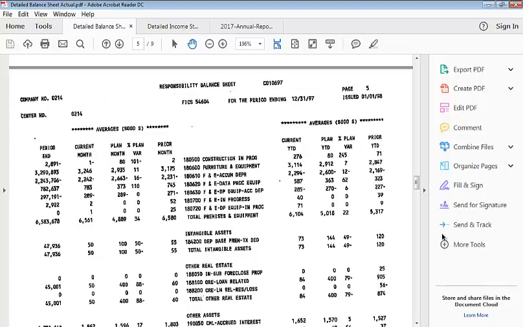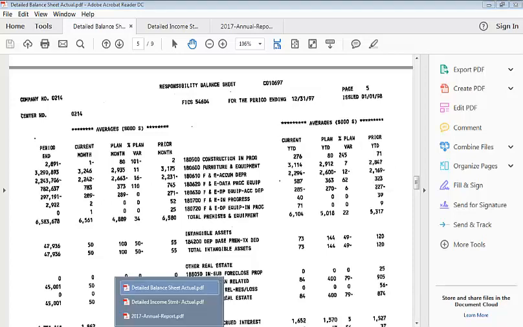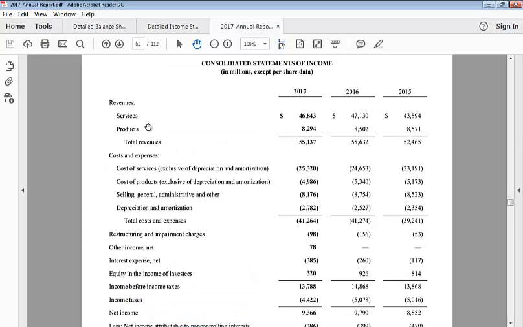And we'll actually come back to these very shortly, and I'll explain what some of these other columns are, because when we look at a public annual report, all we see are just the actual numbers for generally 3 years on the income statement and 2 years on the balance sheet.